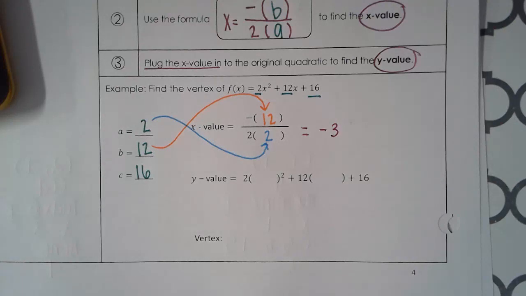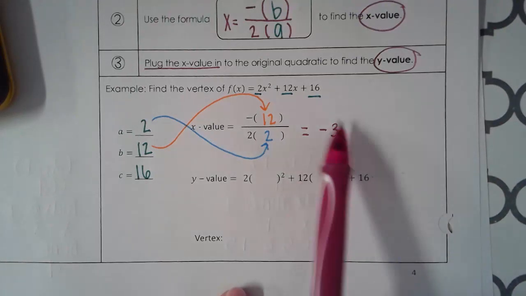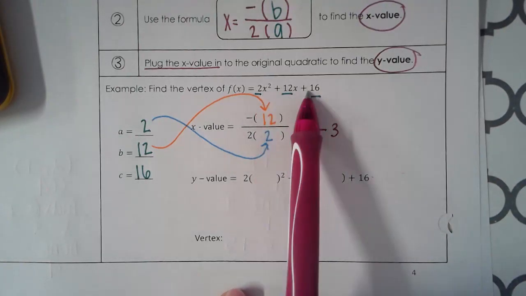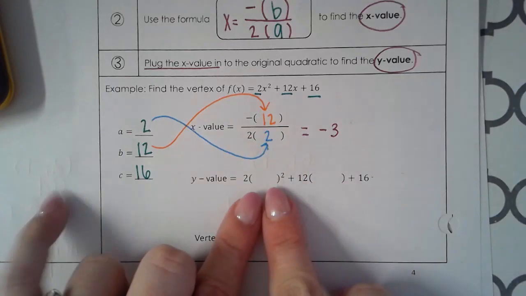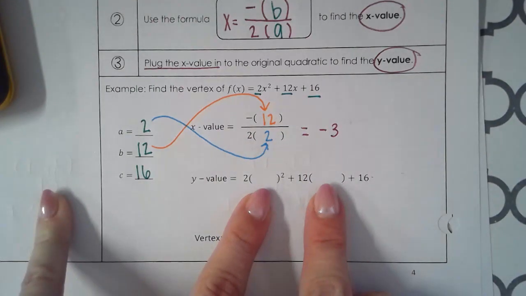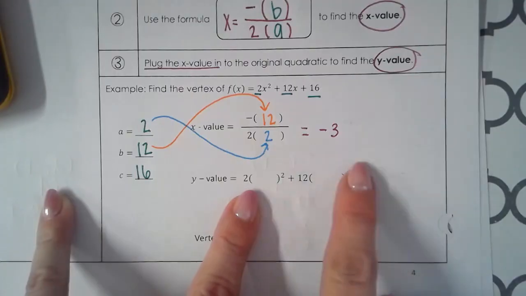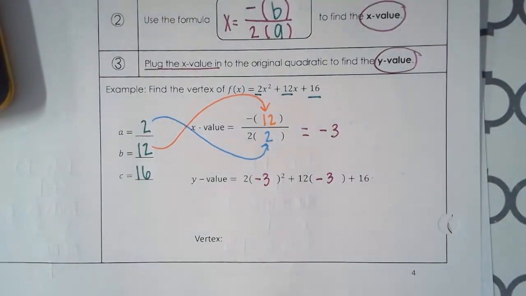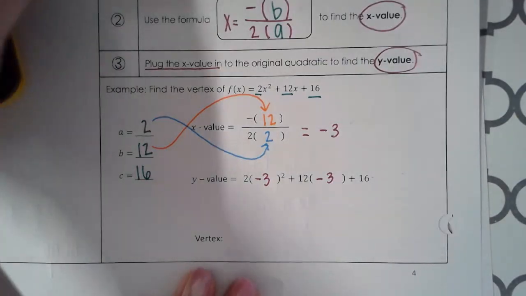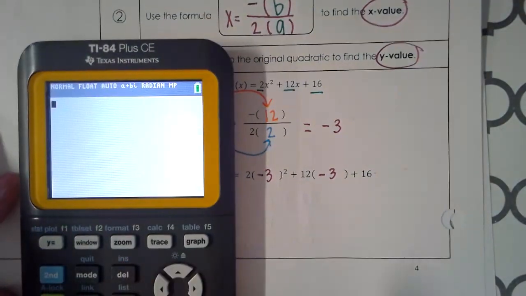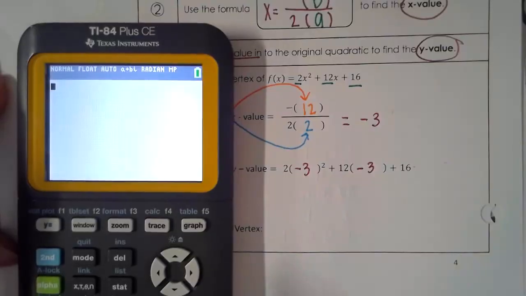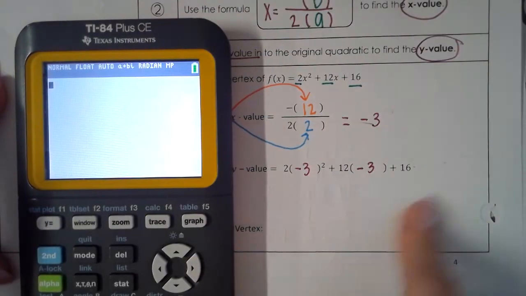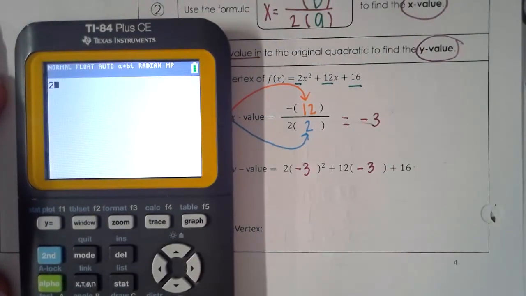To find the y value, we take this and we plug it back in the original equation where there's an x. See how down here I put some parentheses in place of the x, we're going to plug in a -3 there. So if I type this in, it's important that you type it in exactly the way it's written. 2 parentheses -3 squared.